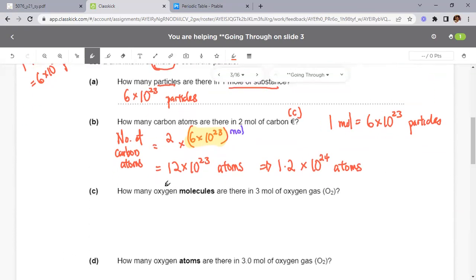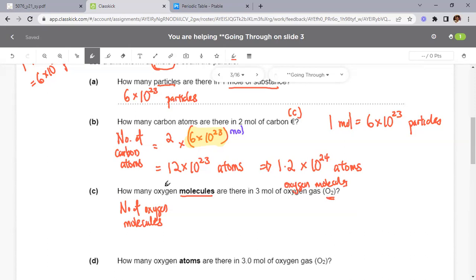So let's go on. How many oxygen molecules are there in 3 moles of oxygen gas? So number of oxygen molecules. I want to know how many molecules there are.